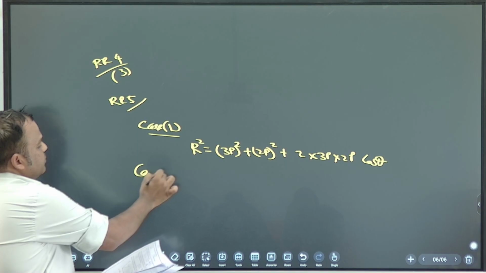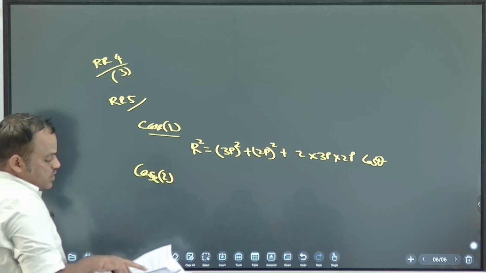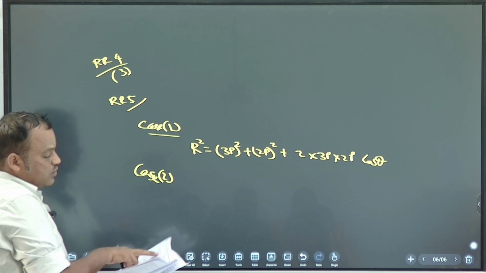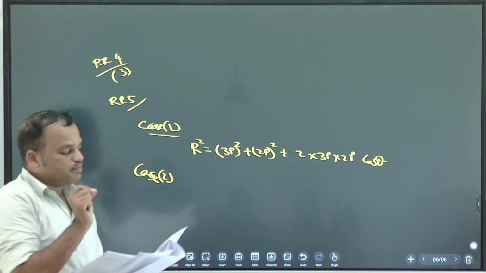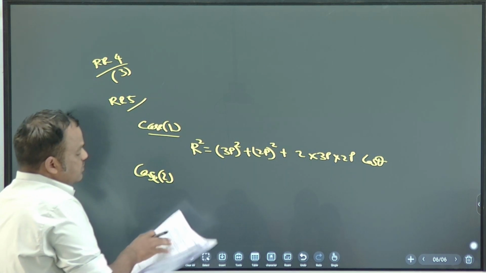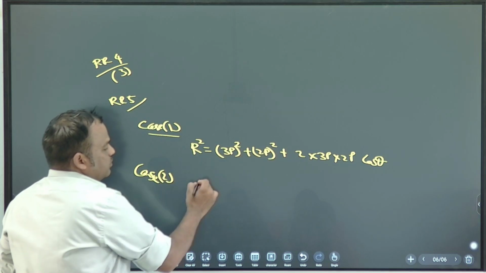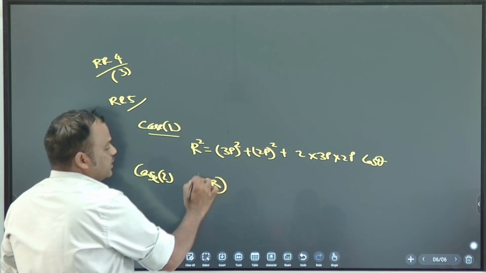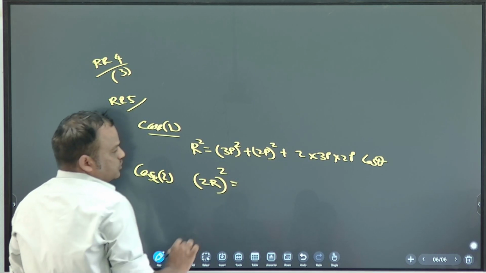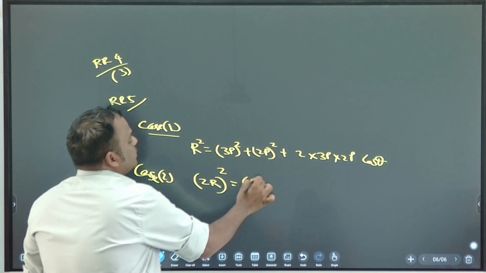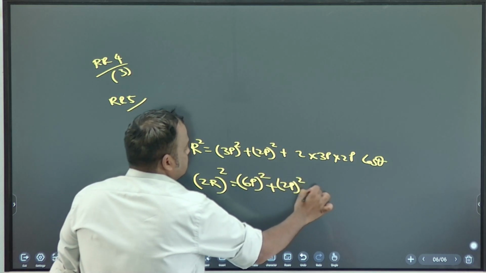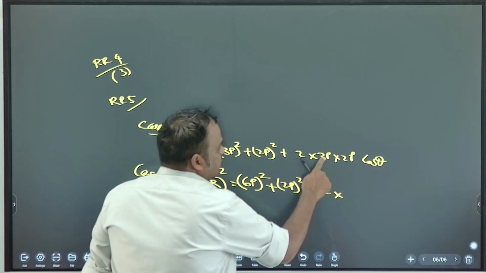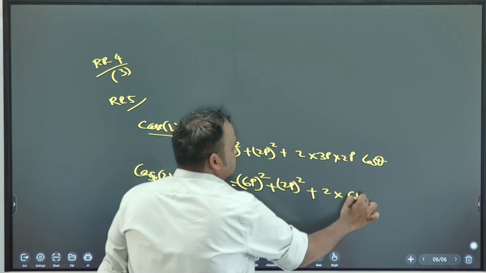Now case 2. What is case 2? First is doubled. So what is the new value of first force? 6P. Resultant is also double. So what is the formula now? 2R, resultant is doubled, whole square is equal to, yes, solve like this. 2 into 3P becomes 6P.